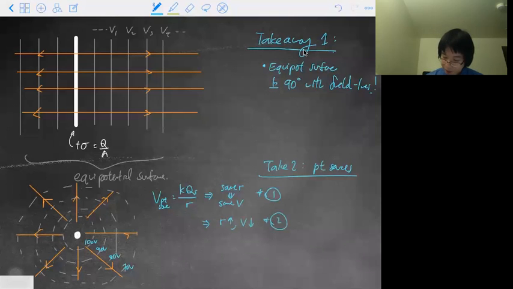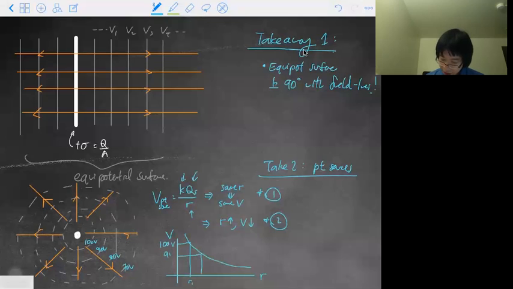So if I plot this graph with r and V, you see that it's basically like a 1 over r situation, right? So at a very close radius, you might have 100 volts. I'm just making up these numbers. Technically, if you plug this in, you'll actually get the number. But now I'll just write this out.